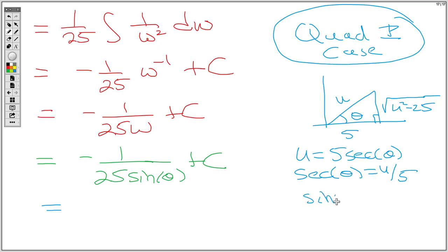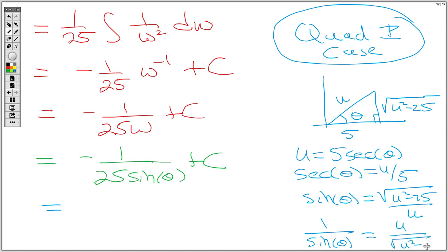And so the sine of theta would be opposite over hypotenuse, and so 1 over the sine of theta would be u over the square root of u squared minus 25.